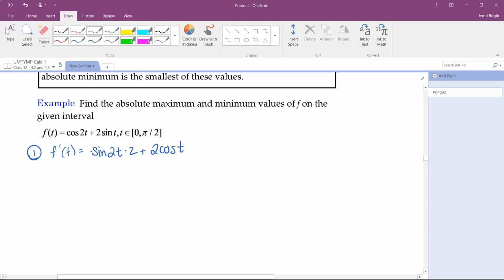Okay, and so then if I set this equal to 0 and solve, I would have 2 sine 2t is equal to 2 cosine t. Maybe I'll leave it like this for now.